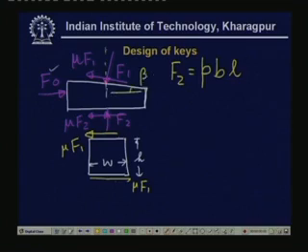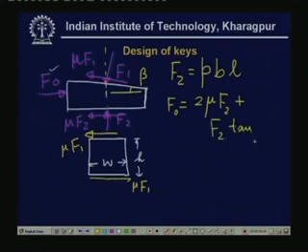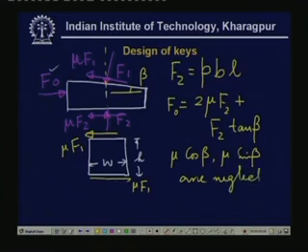If you write down all the expressions, ultimately you get F0 equal to twice mu F2 plus F2 tangent beta, where we have neglected some terms like mu times cosine beta or mu times sine beta, etc. With this analysis we find the required force F0.